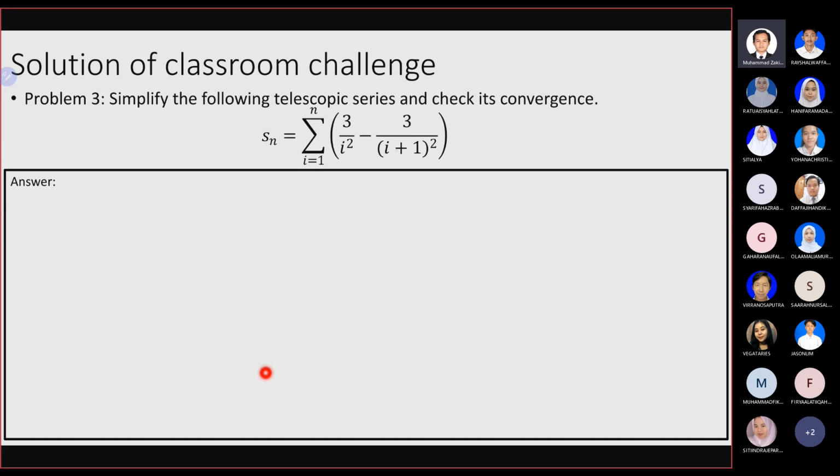We simplify the telescopic series and check its convergence. Yeah.